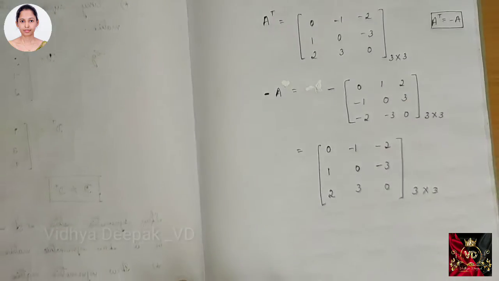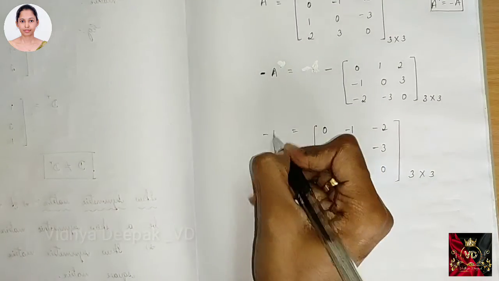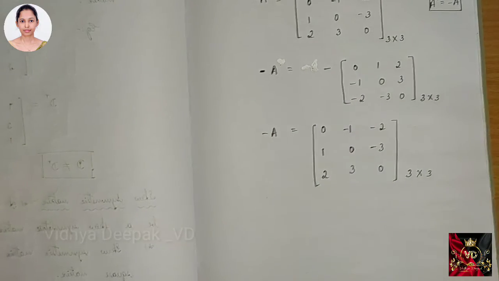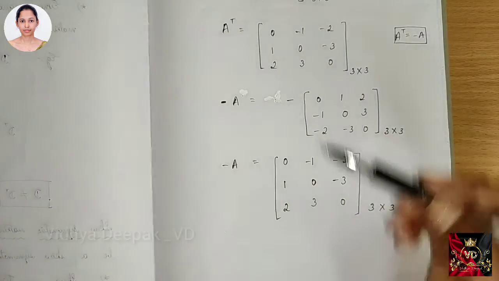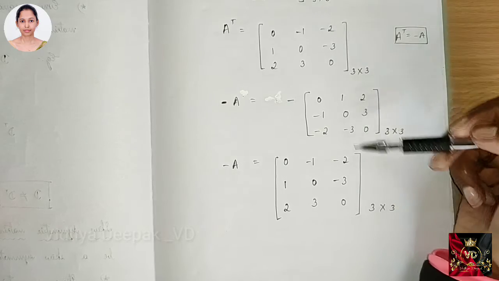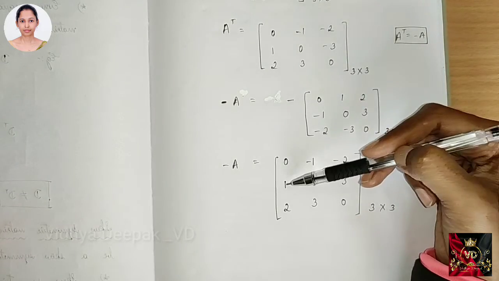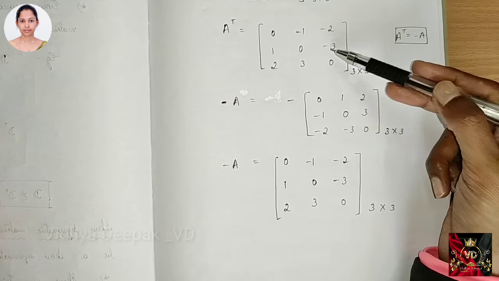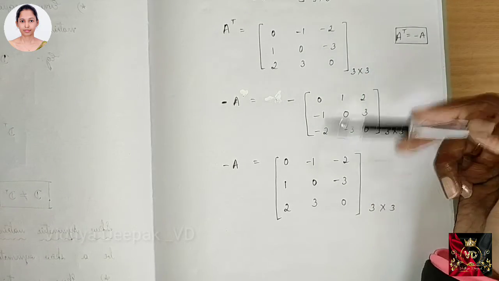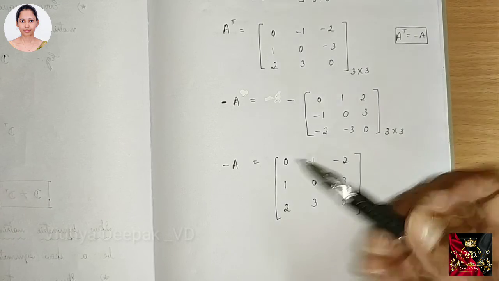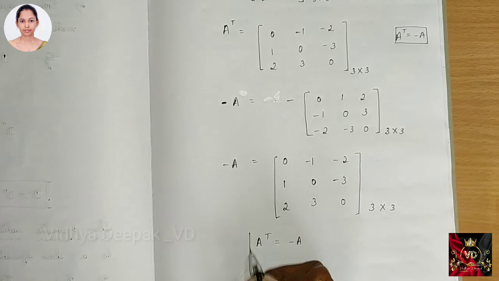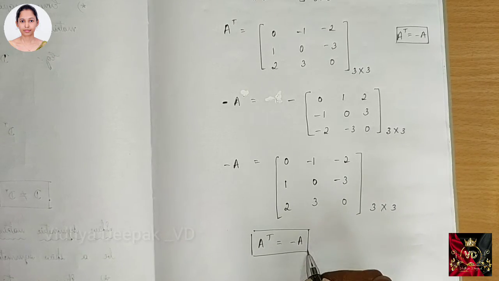So let's see whether A transpose is equal to minus A. Okay, 0, 0, minus 1, minus 1, minus 2, minus 2, 1 and 1, again 0, 0, minus 3, 2, 2, 3 and 3, 0, 0. That means we can say A transpose is equal to minus A, right?